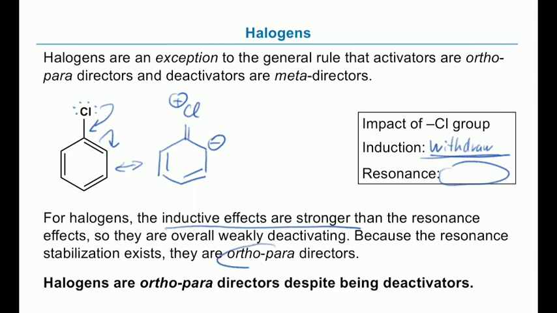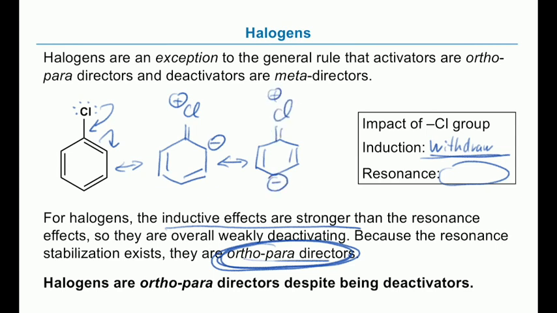It turns out chlorines are ortho-para directors. The only way to rationalize it, if I take a chlorobenzene and I run a Friedel-Crafts reaction, I will get substitution that is consistent with attack there and attack there.